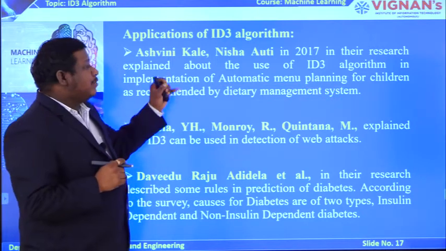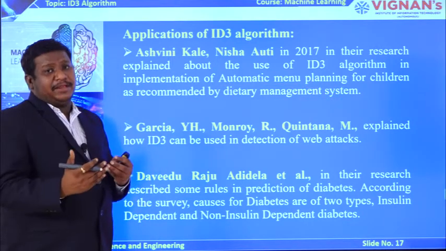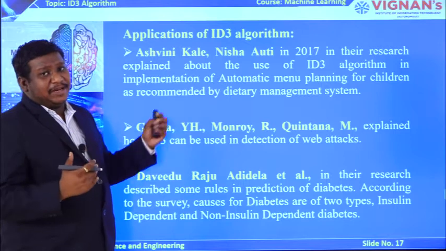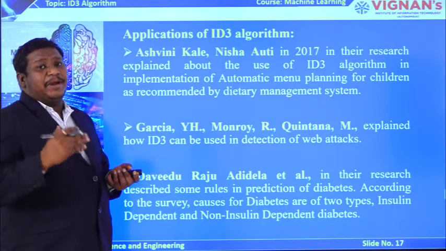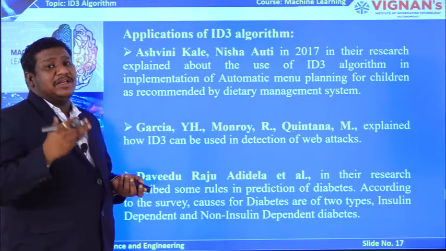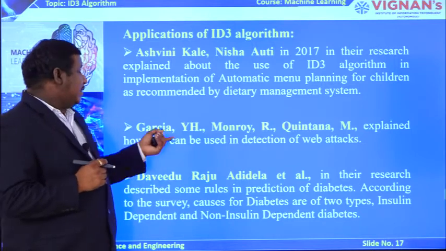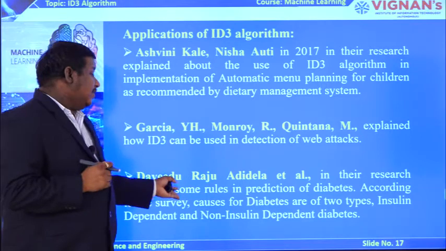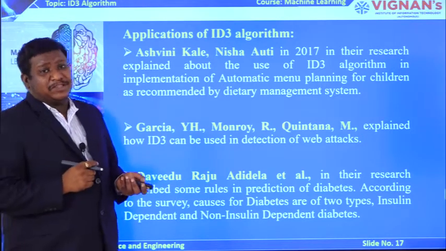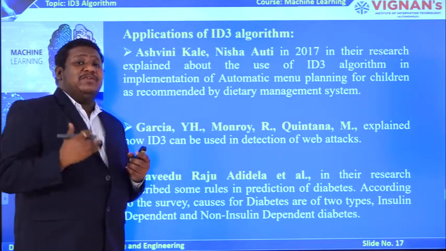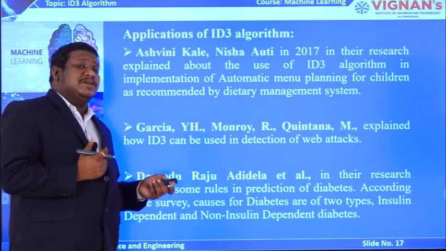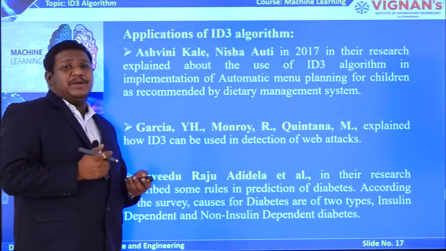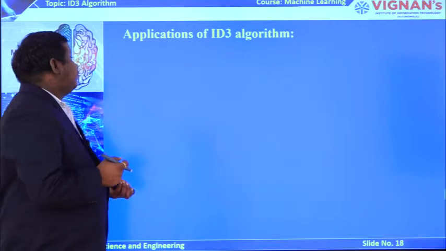So, first, they used it for children's diet menu planning as suggested by the diet management system based on physical and health conditions. Secondly, they used it to analyze web attacks. And third, they used it for the classification of diabetic patients, and the level of insulin to be given to the patients can be automated by using this ID3 algorithm.